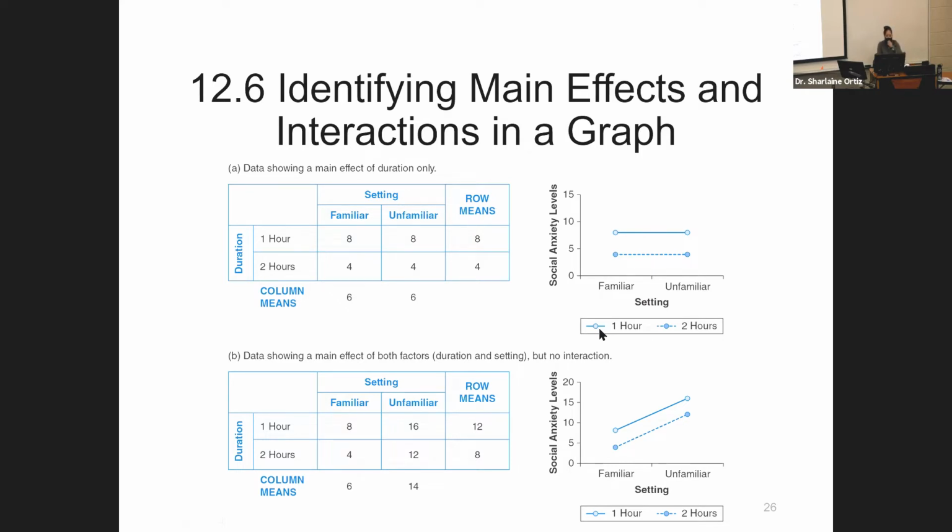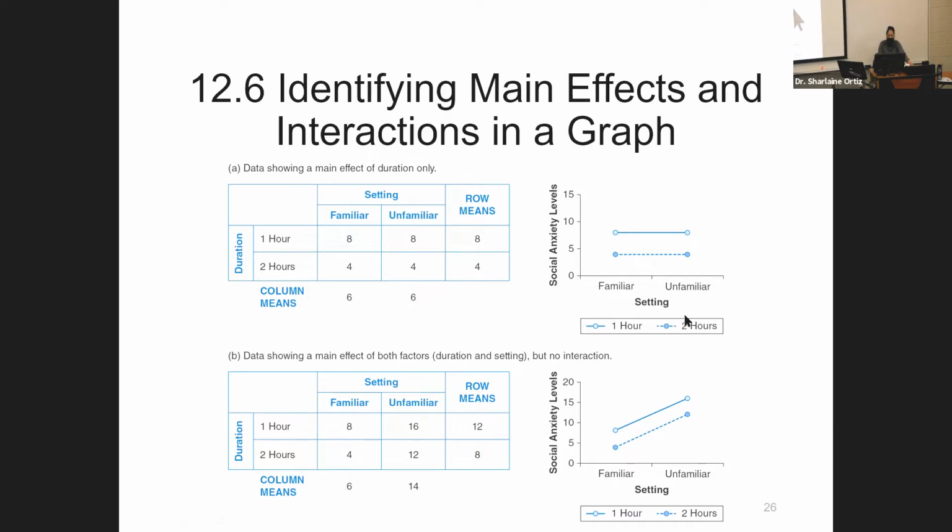Now let's graph the rest of our data. Notice that now we're going to look at the data as it represents 2 hours of duration in this particular setting. 2 hours is represented by the dotted line.